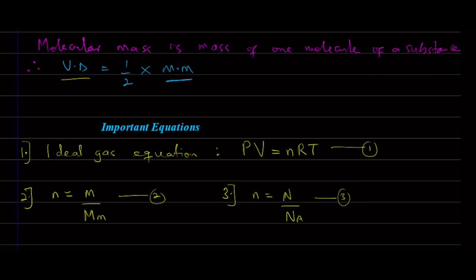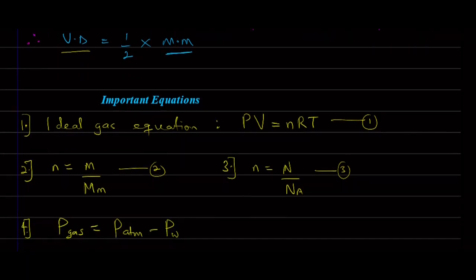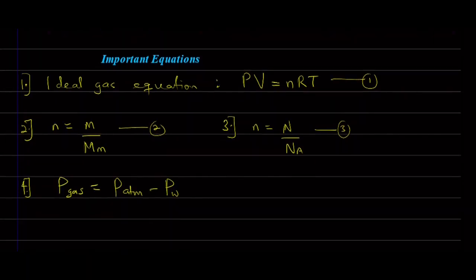Then the last equation is the pressure of the gas is equal to the pressure from the atmosphere minus the pressure of water, that's the saturated vapor pressure of water. How does this equation work? Sometimes we can be given the saturated vapor pressure of water.